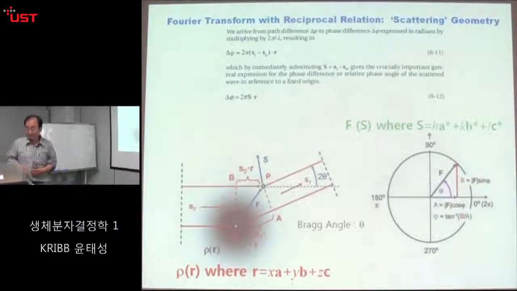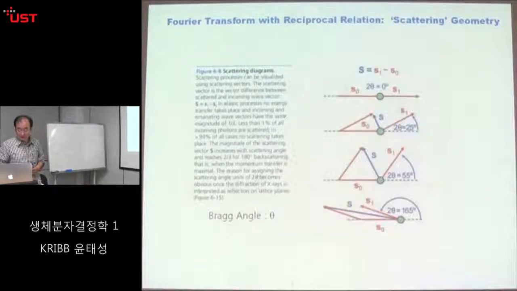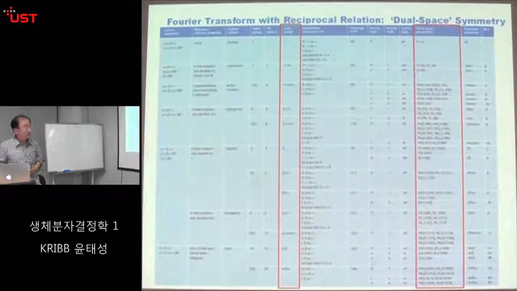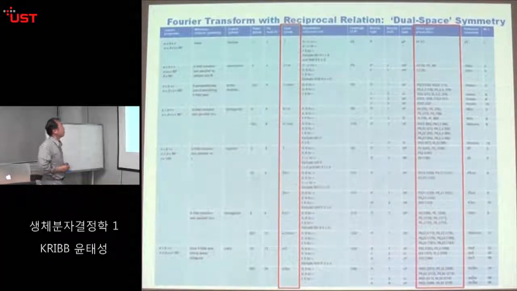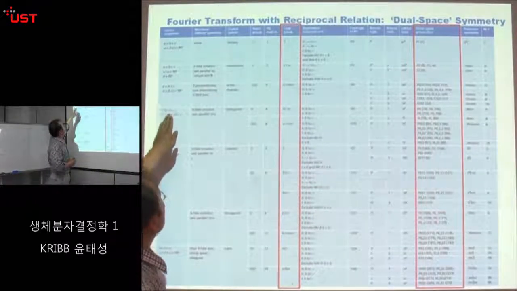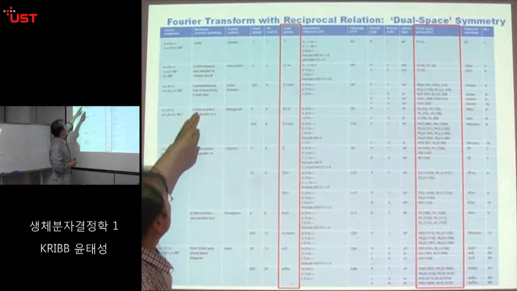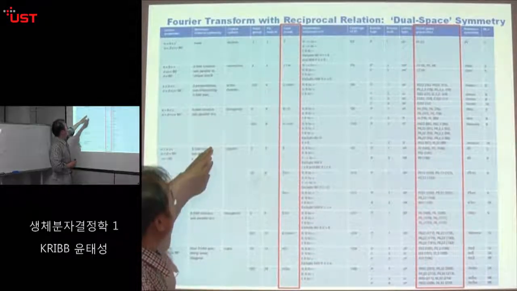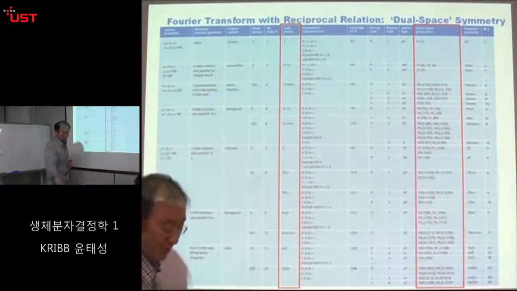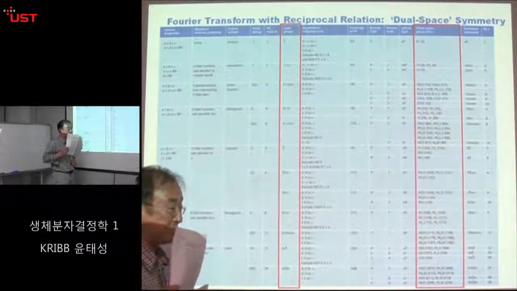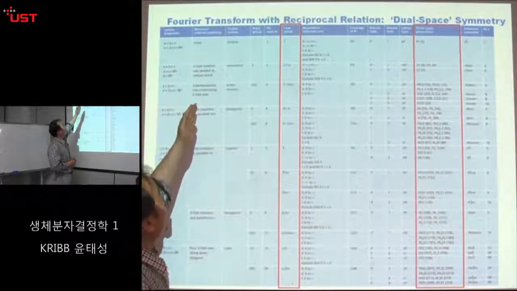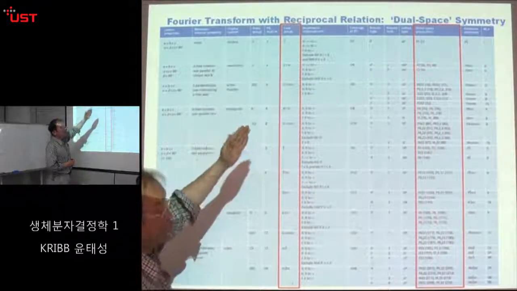So let's keep hold. Let's come back here. And today we didn't talk about higher symmetry of monoclinic, orthorhombic, tetragonal, trigonal, hexagonal, cubic. That is the topic of this educational paper. But I talked about point group 1 and P1.